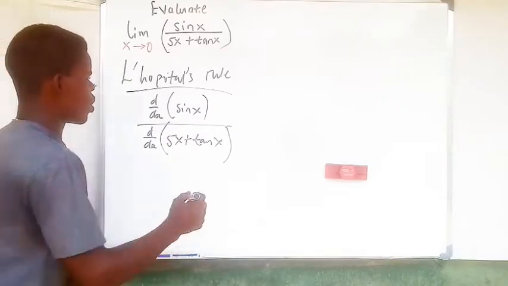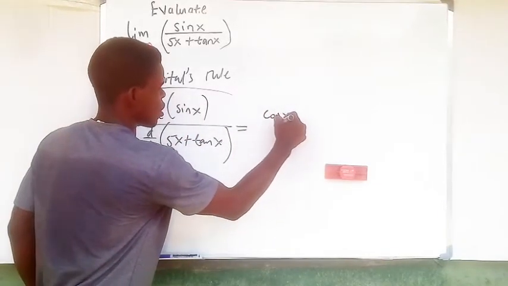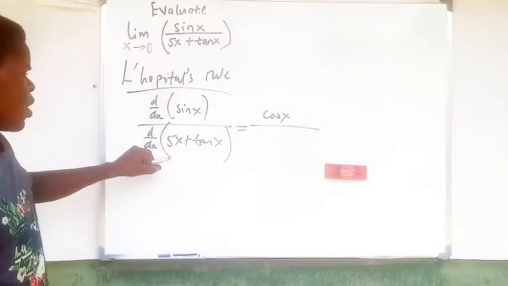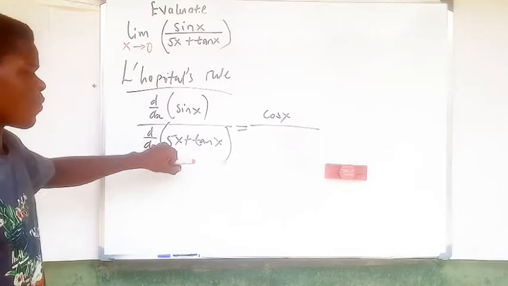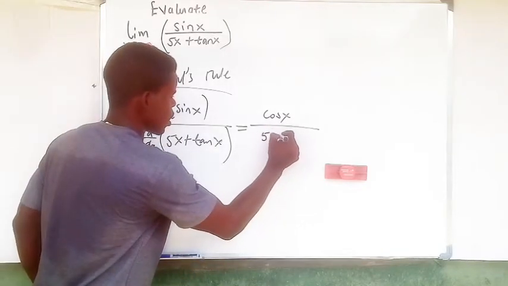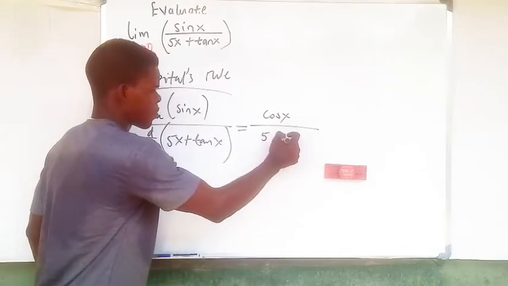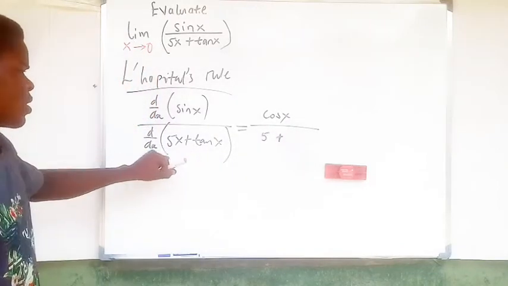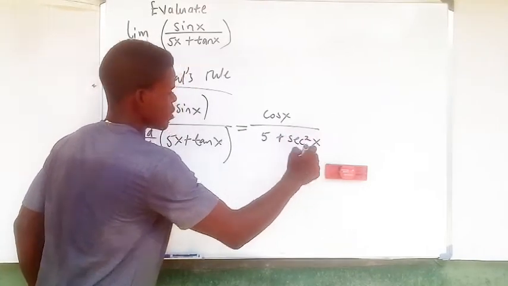So the derivative of sine x is just cosine x divided by, now the derivative of a sum is the sum of the derivatives. So the derivative of 5x is 5 plus the derivative of tangent x, which is secant squared x.